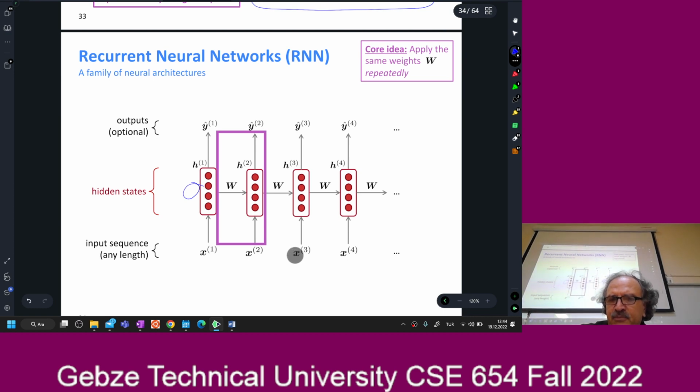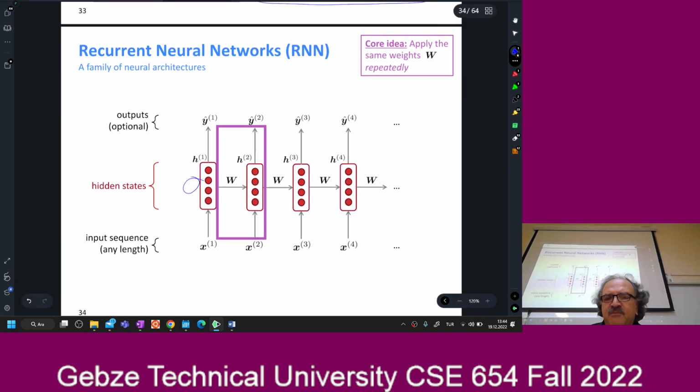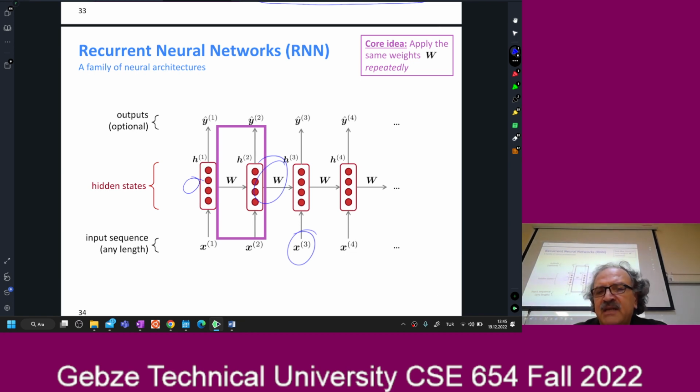For the next input, I will be affected by both what I have said before and my current input. So that means for this kind of network, my input can be infinitely long. Doesn't matter how long it is. For every input, by looking at whatever I said before, I can output something.